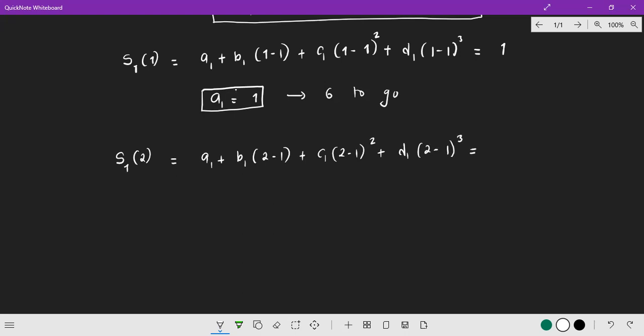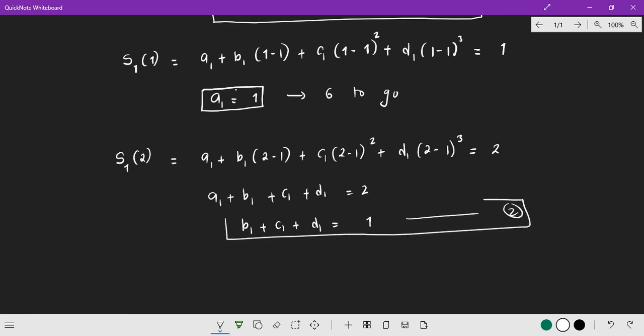And this is equal to the output when X equal 2, again Y is equal to 2, right? So this is equal to 2. So this is just A1 plus B1 plus C1 plus D1 equal to 2. And you already know A1 is equal to 1, right? So if you substitute, you just have B1 plus C1 plus D1 equal to 1. So this is my second equation. Okay, so I can box it as well. So that is my second equation.